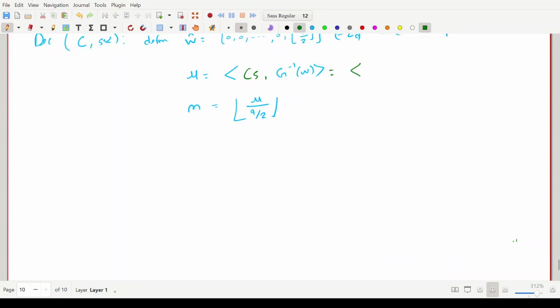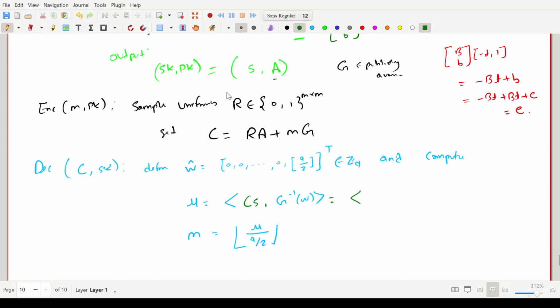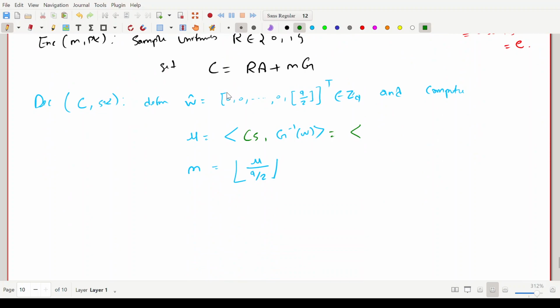So what is this CS? The value of C is RA plus MG. So this will be RA plus MG multiplied with S, comma, G inverse of W, as it is, I am keeping. The next part will be RAS plus MGS, comma, G inverse of W again.